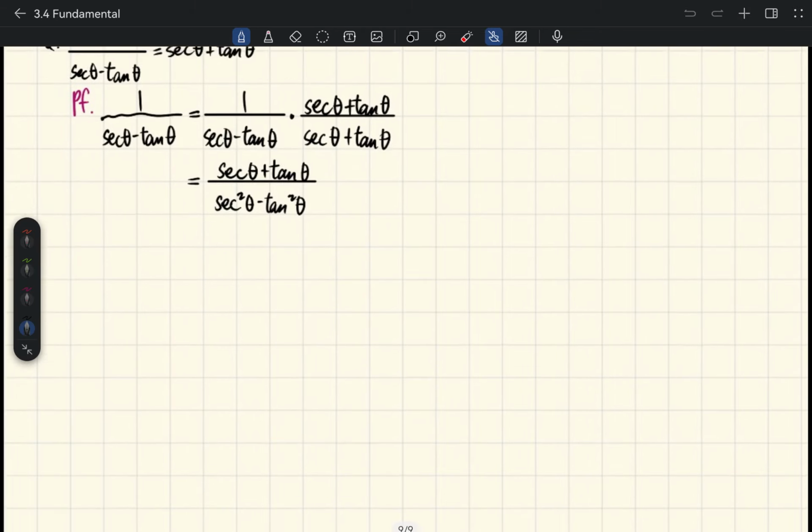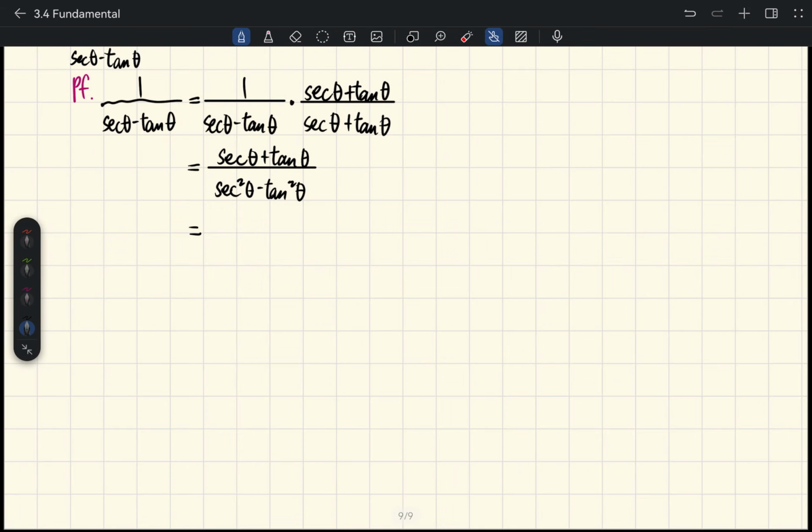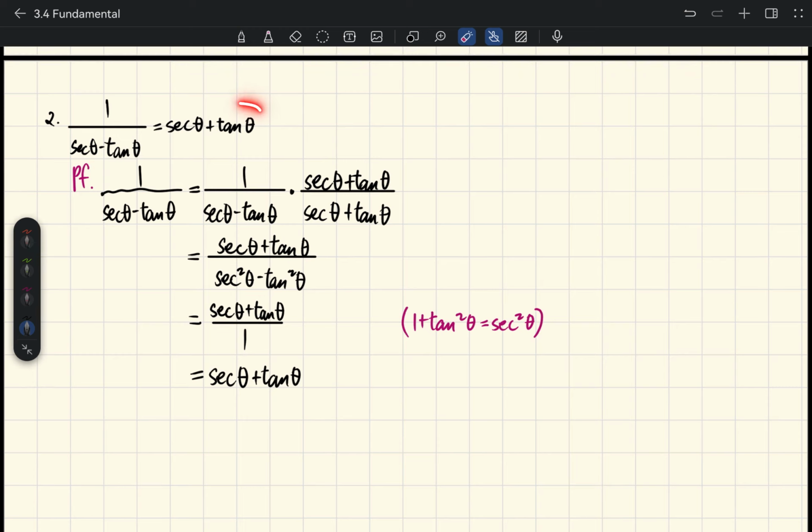So, using the fact that 1 plus tangent squared theta equals secant squared theta, the denominator becomes 1, and the numerator is secant theta plus tangent theta, finally giving us secant theta plus tangent theta, which is the one on the right side. So that's the end of proof for number 2.